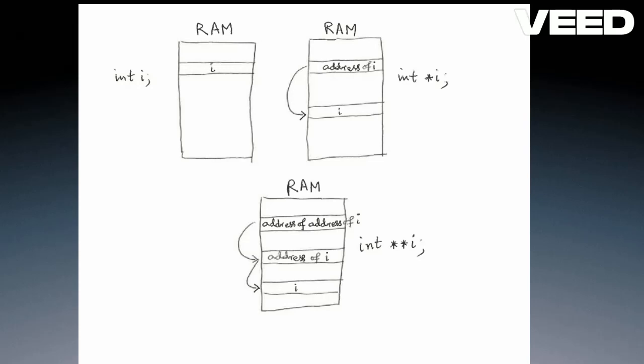The confusion about pointers comes from the fact that as we can store a variable, we can also store the address of a variable. So for example, I can write int star i. This is an additional syntax in the C language that indicates to the compiler that I am allocating storage for the address of a variable.